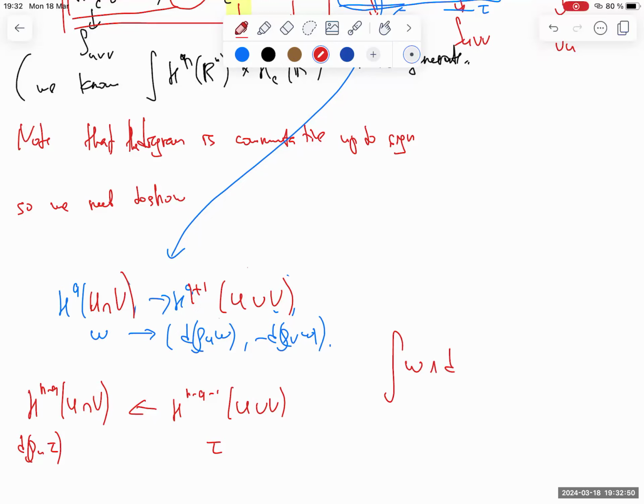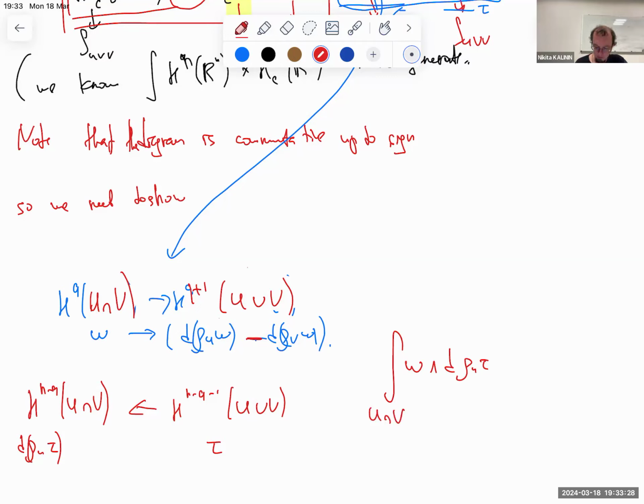Excuse me, I have a question about the map from the usual homology. Shouldn't there be, you put a comma there, but there shouldn't be any commas. It's just minus, right? Yes. Okay. And that's over U intersection V.